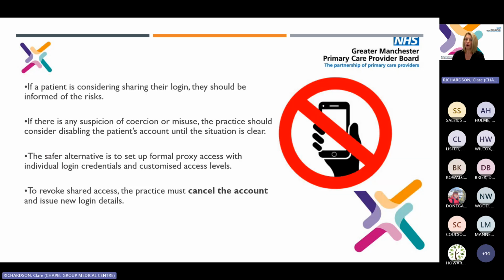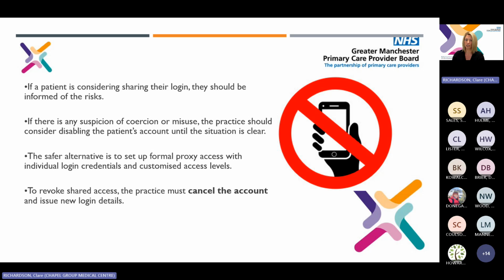So if you do become aware that a patient is considering sharing their online account, you should make sure that they understand the risk in doing so. If the practice has any suspicions whatsoever that the patient is being coerced into sharing their access unwillingly, or that this person may misuse their access, you should consider switching off the patient's GP services until the circumstances can be clarified.